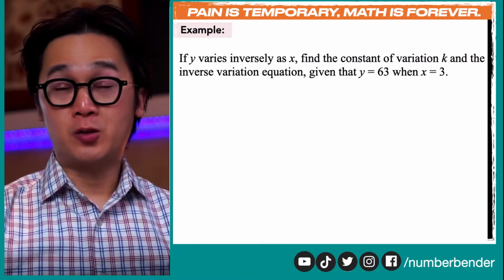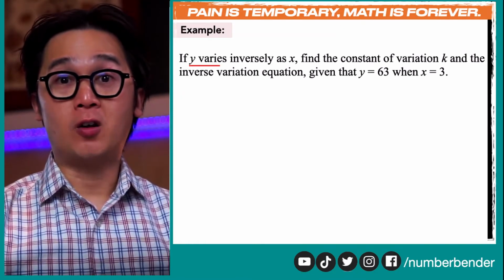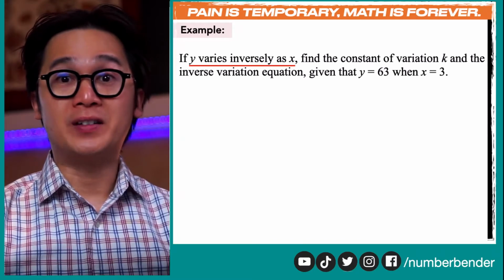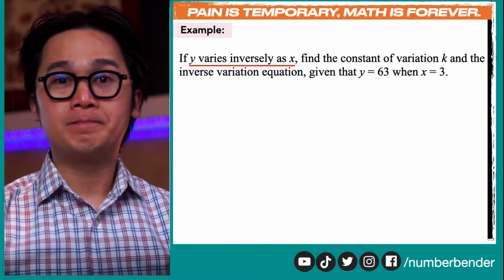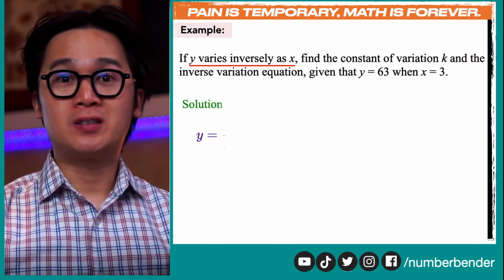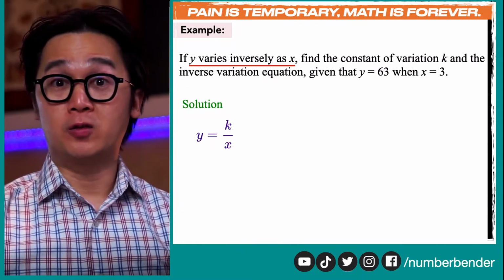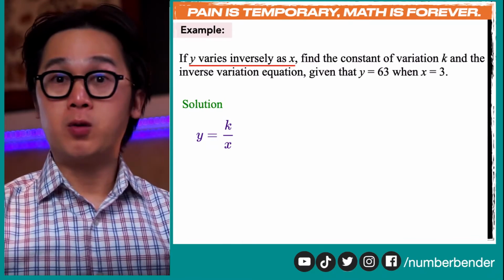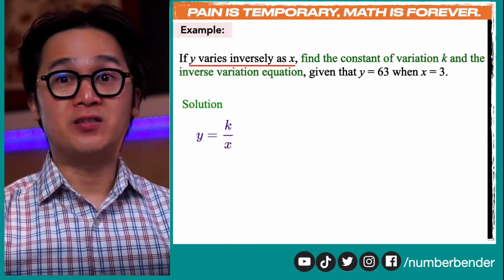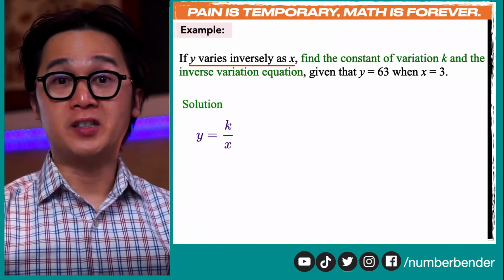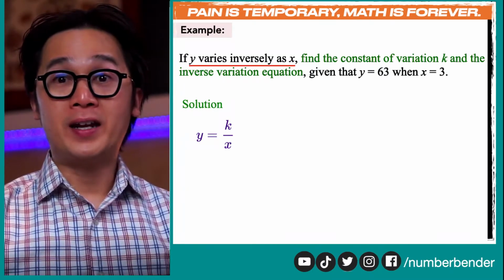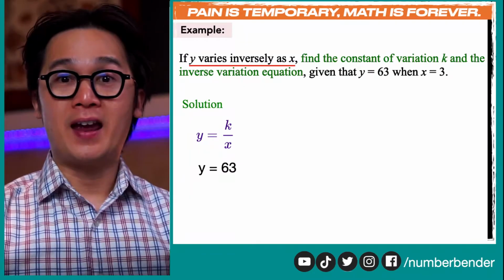To answer this word problem, the first clue is already given to us, which is "y varies inversely as x," which means this is our prompt to use the formula y is equal to k all over x. In this particular problem, we're looking for the constant of variation k and the inverse variation equation. We are given y and x, which are 63 and 3.